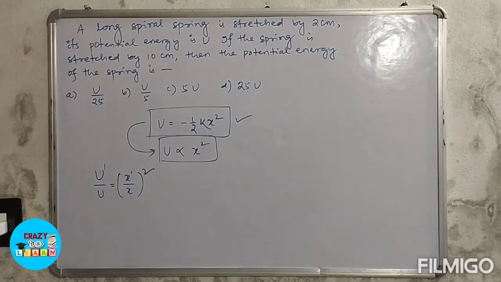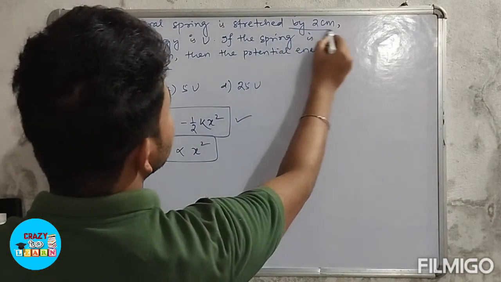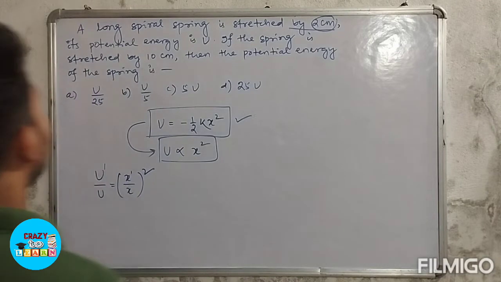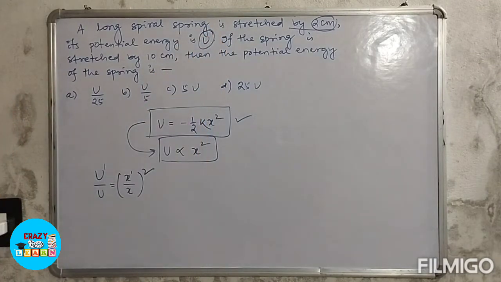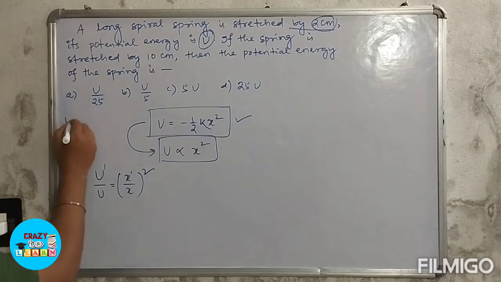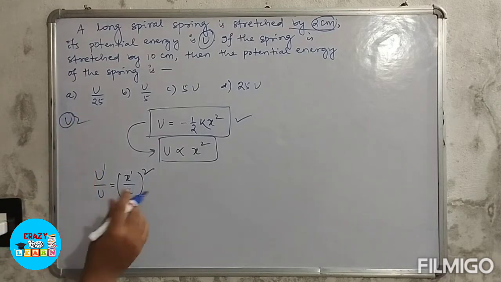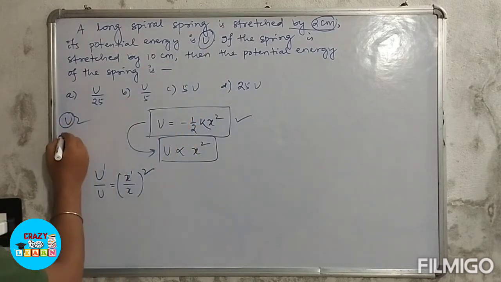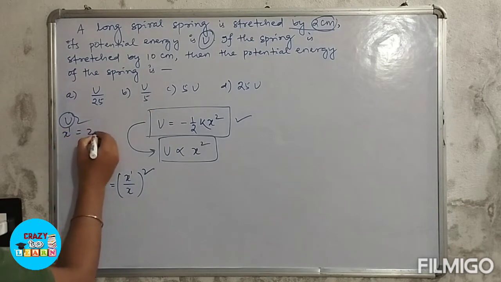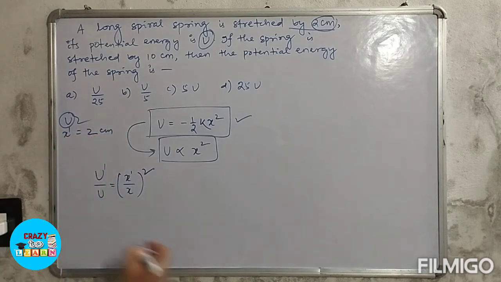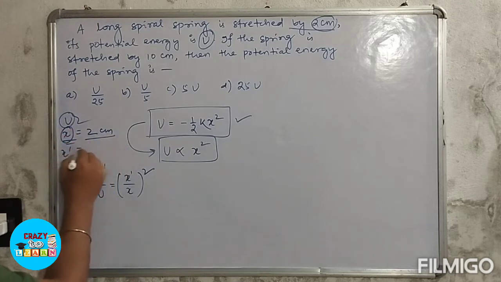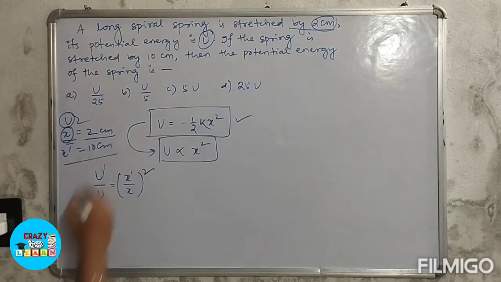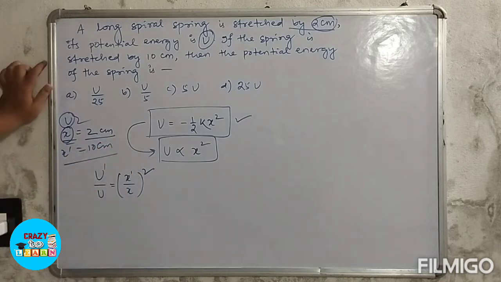In the first case the spring is extended by 2 cm and its potential energy is U. So in the place of U we can put U, no need to put anything, and for x we will take 2 cm, for x dash we will take 10 cm. Just put it here and see what you will get.